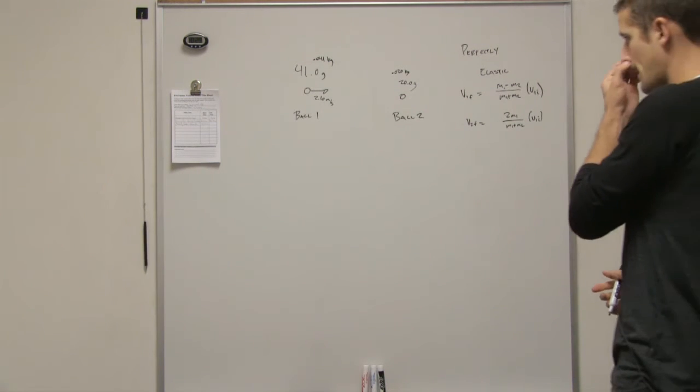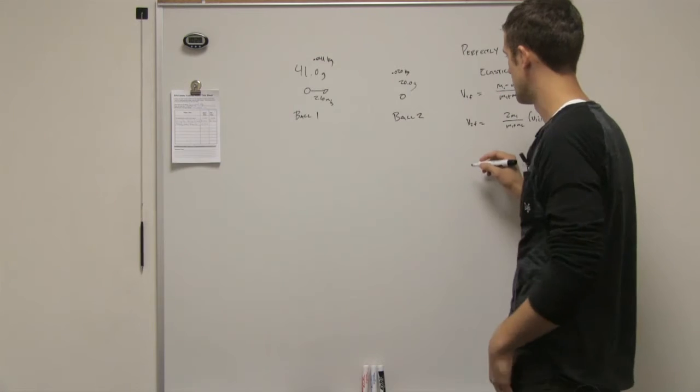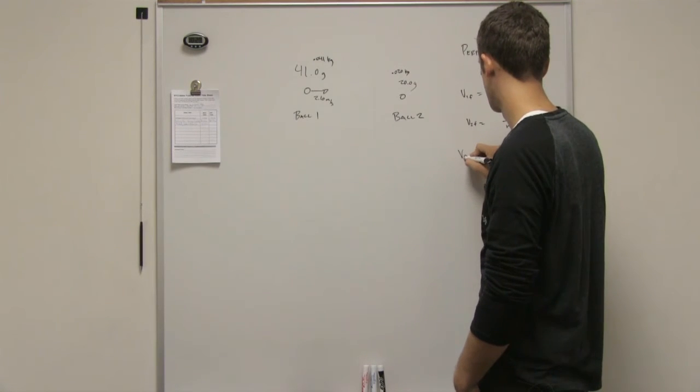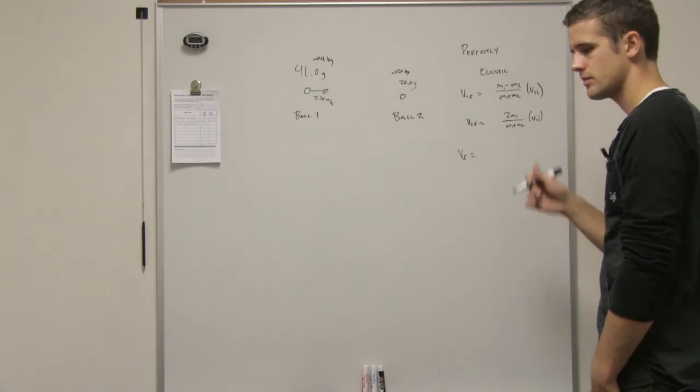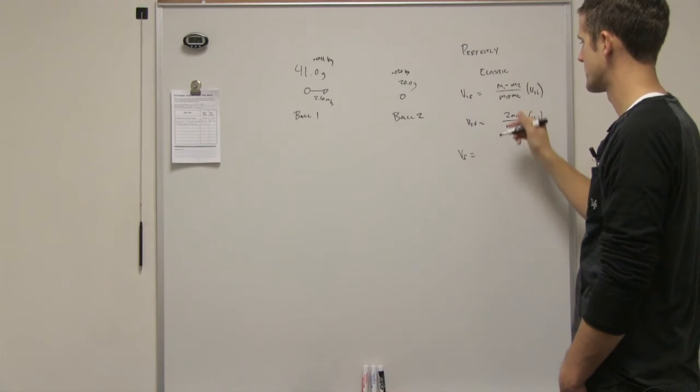So if we want to find the final velocity of V1, we just take M1 minus M2.